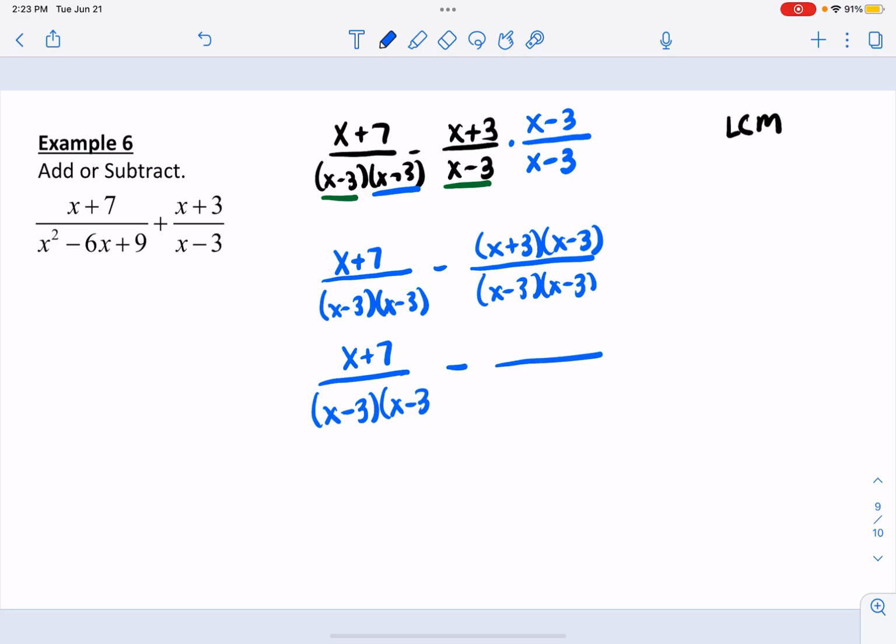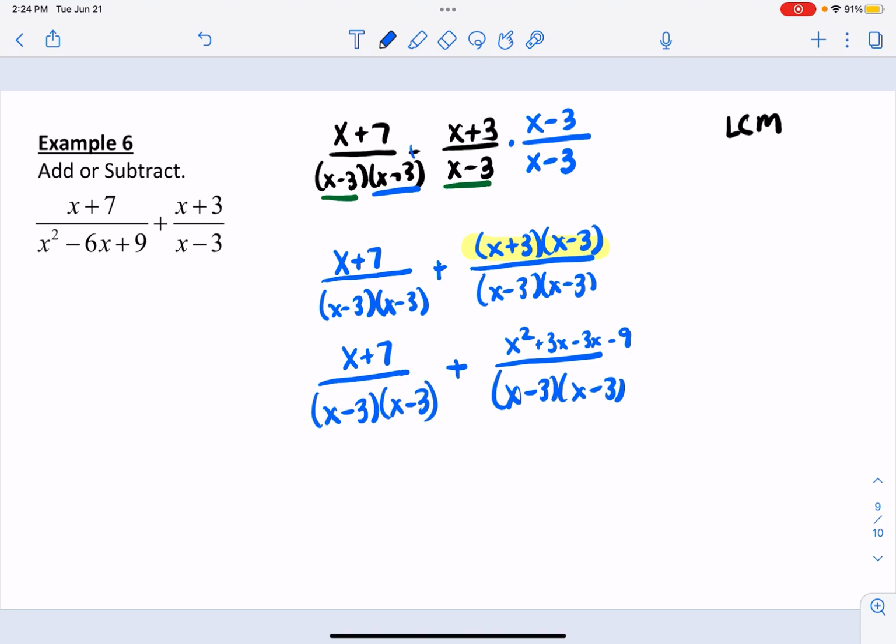In the numerator, this should be a plus. I'm going to keep messing that up. I need to multiply out this numerator. So first terms together, well, technically that's a difference of two squares. So first terms together, inner terms, outer terms, last term.